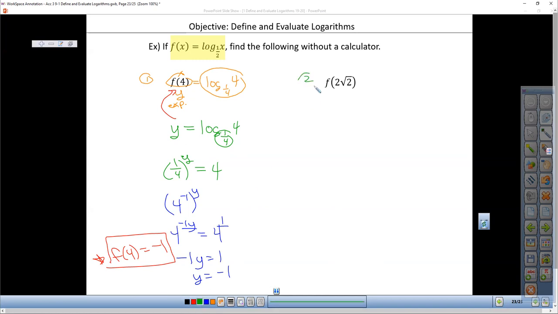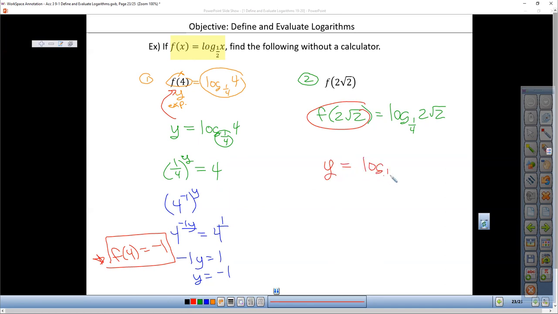For something like this one, we have our f of 2 root 2 would be equal to log base 1/4 of our 2 root 2. This one is a little bit more involved. This is our y value, our exponent.